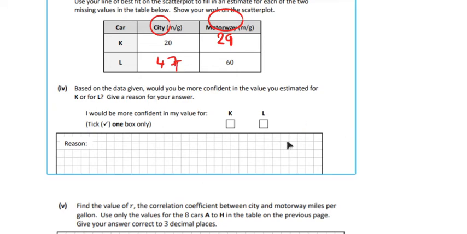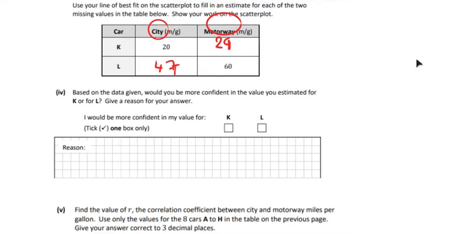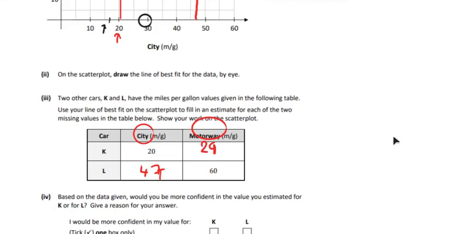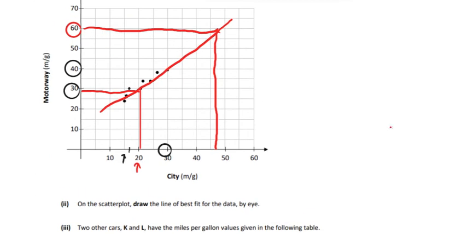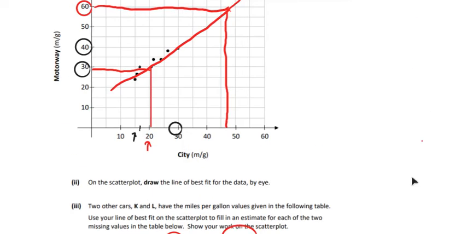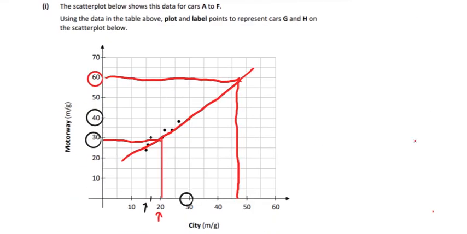Right, the next part asks which would you be more confident in your estimate for? Would you be more confident in the estimate for K or L? The thing to see here is that your estimate for K was right in here, where the dots are.